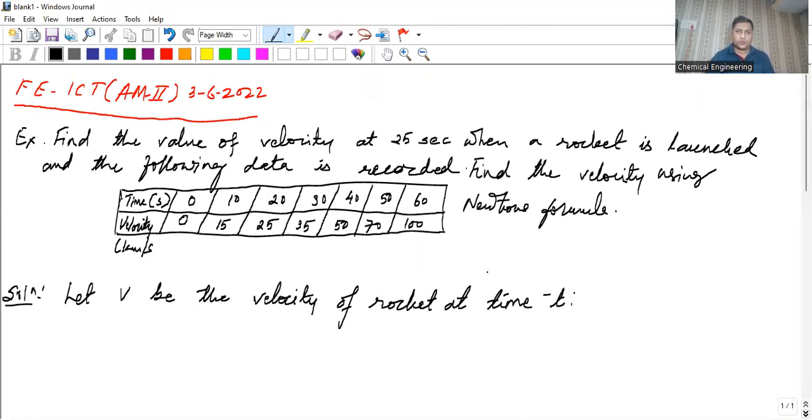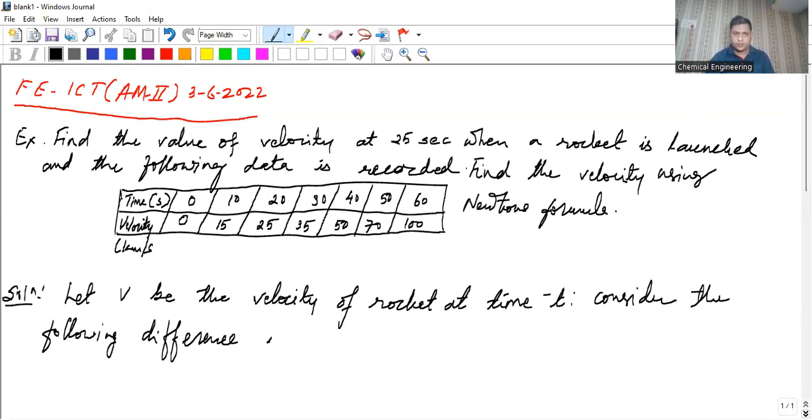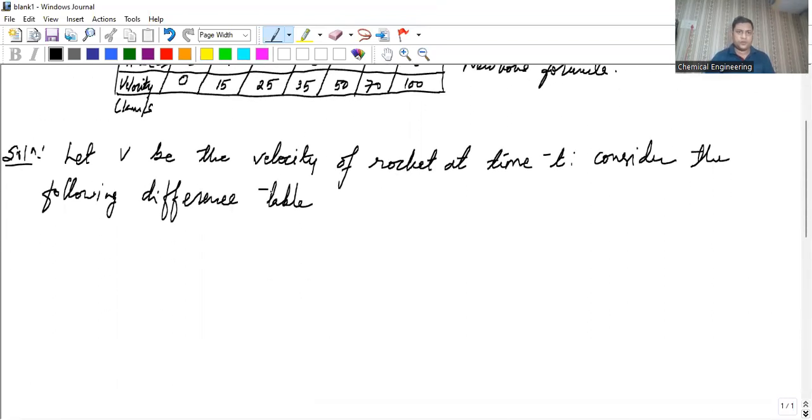Okay, so consider the following difference table. You know how to construct the difference table.